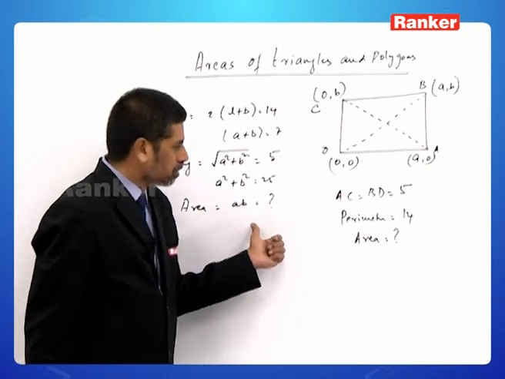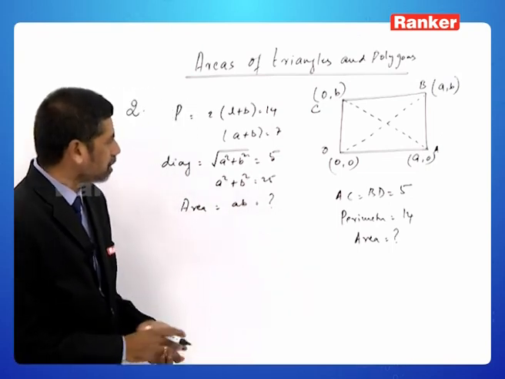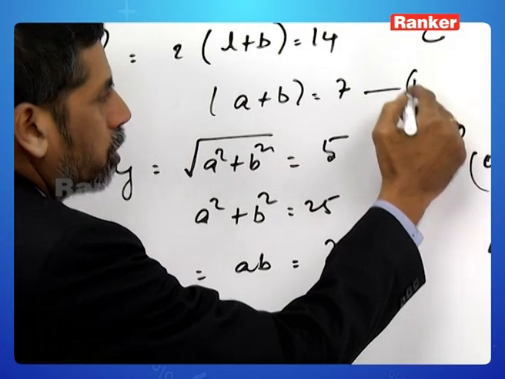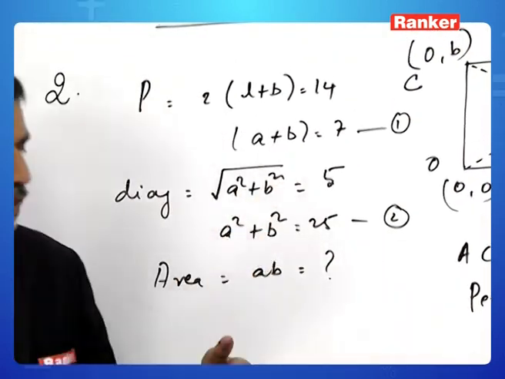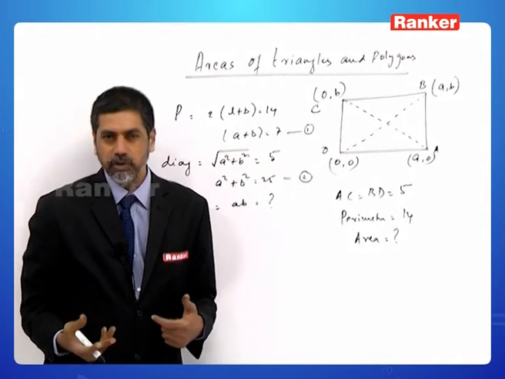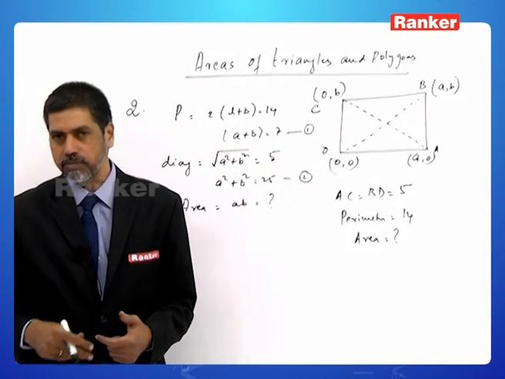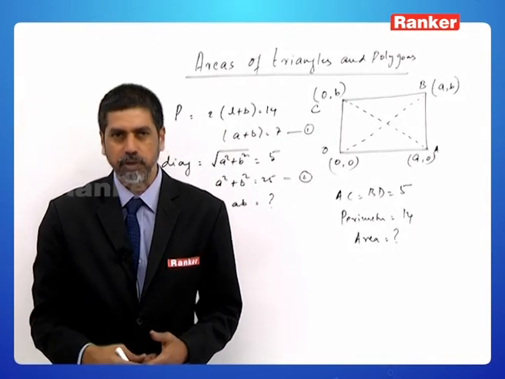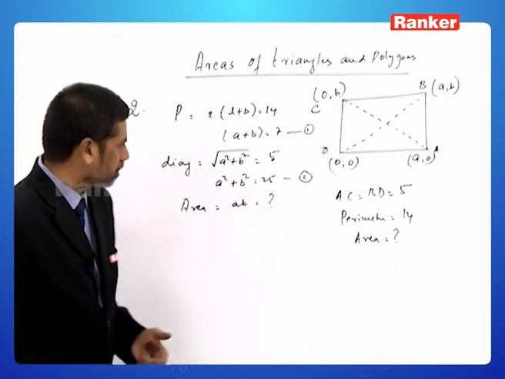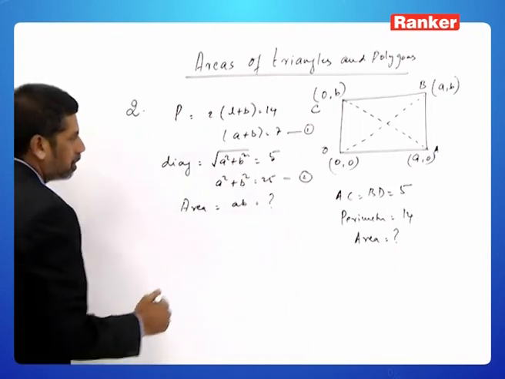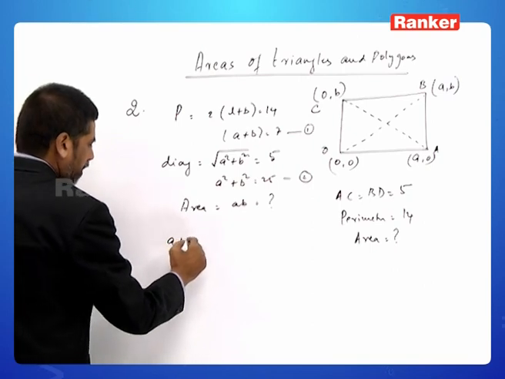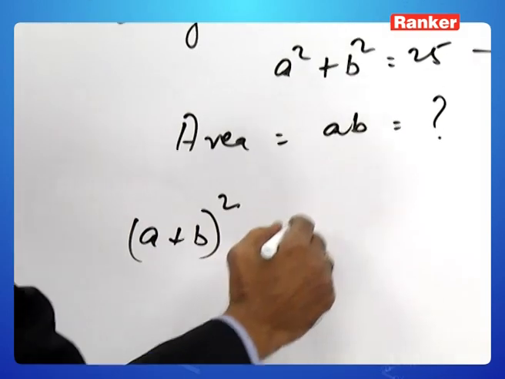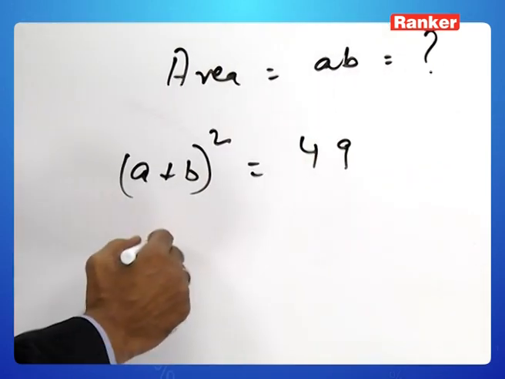Now, students normally take these two equations and solve for A and B and then calculate AB. But you know, when AB is required, sometimes individually calculating A and B may not be required. So let us see how it can be done. Now if you take (A plus B) whole squared, that will be 49.